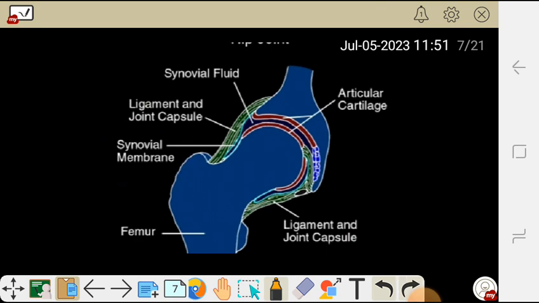So in this diagram we could see that the ligament and the capsule of this joint are lined by the synovial membrane, except for the head. This is the head of the femur, but the neck is lined by the synovial membrane there. The synovial membrane is lining the ligament and the capsule this side, and the part of the neck of the femur, except for the head.